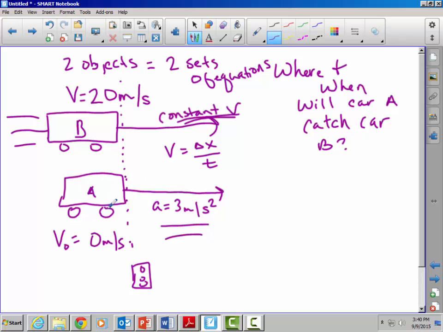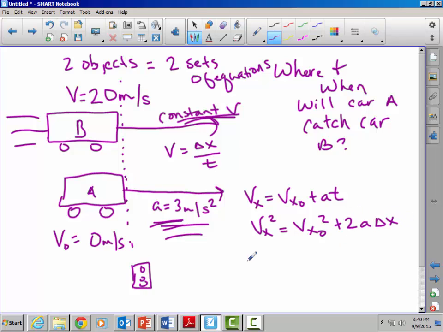Now, for our car A, any of our kinematics equations that we learned today will work to describe what he's doing. Why? Because he is accelerating. So anytime something is constantly accelerating, we can use these guys to help us figure that out. x equals x naught plus v naught t plus 1/2 a t squared.